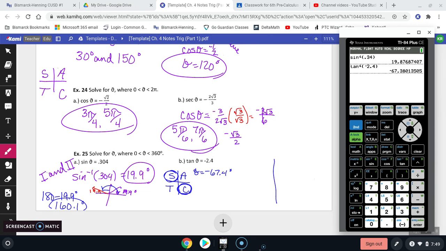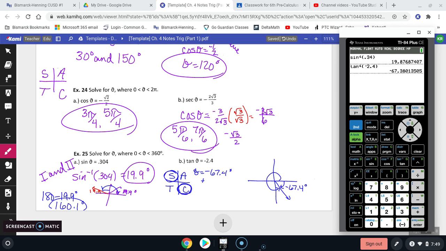Okay, so a couple of things. I'm looking for a positive angle measure from 0 to 360. So a negative 67.4 is not in that domain. So I need to figure out another way to say negative 67.4, and that's going to be going counterclockwise around your axes to get a positive angle measure.